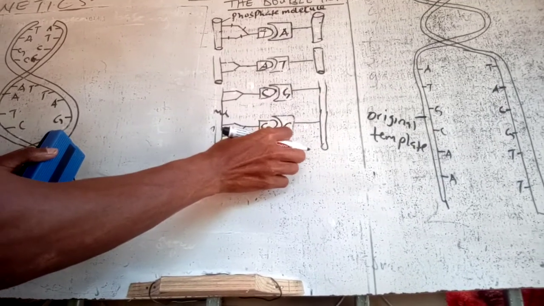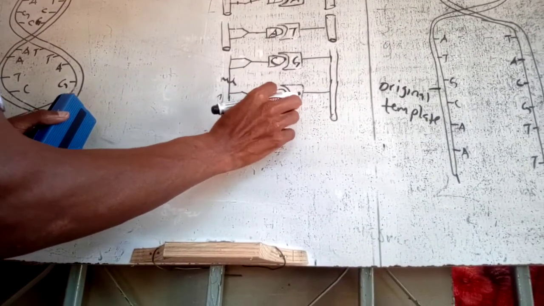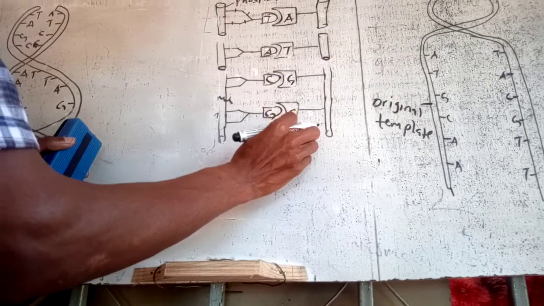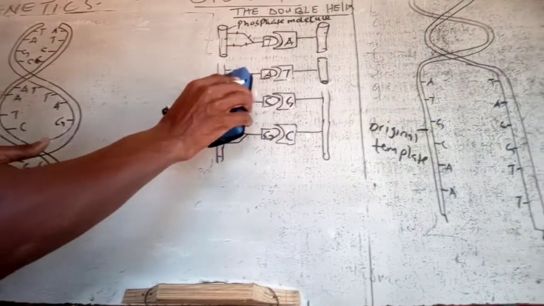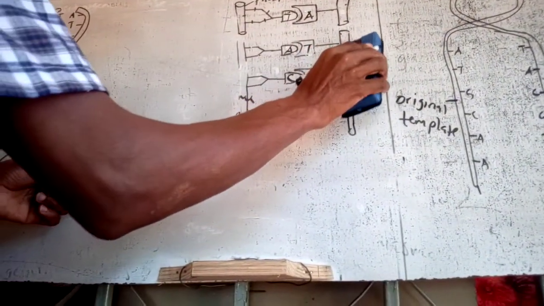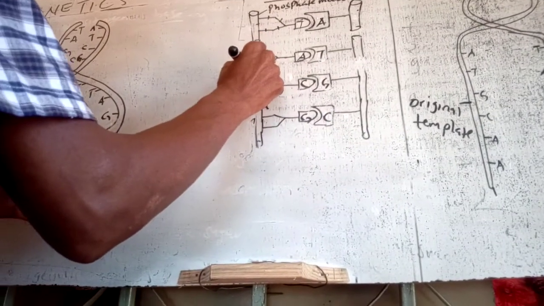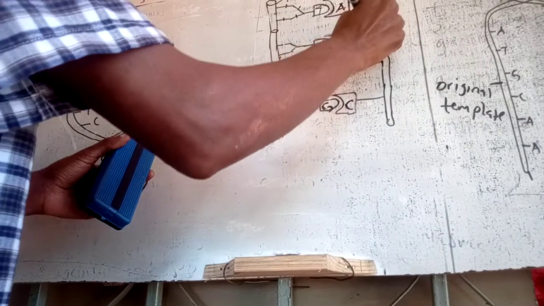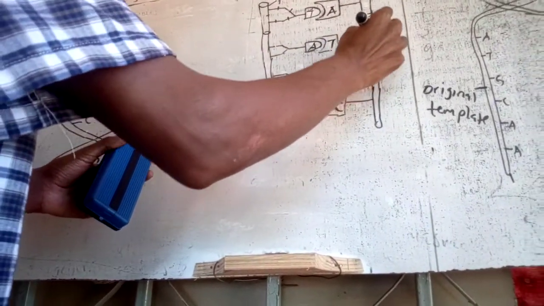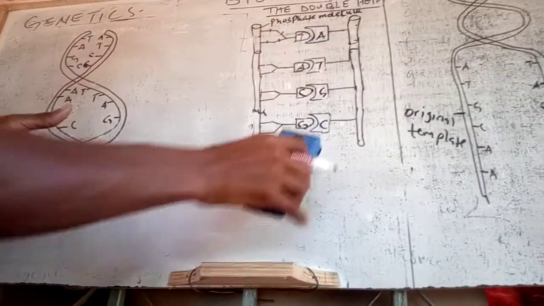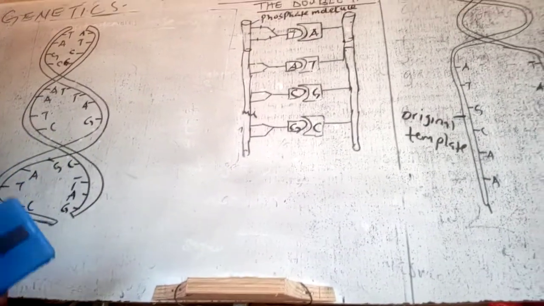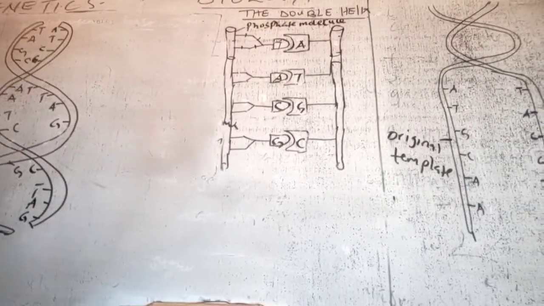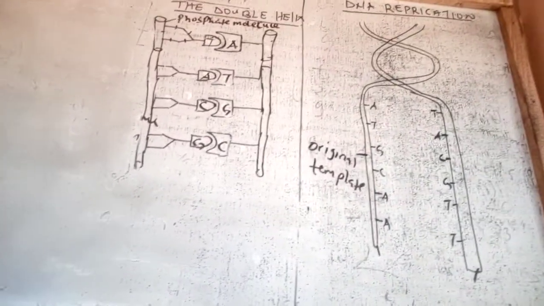Therefore, if I link all of them, I can have what we refer to as a double helix. This is what we refer to as a double helix molecule, and you can see that it is a long chain of DNA structure.